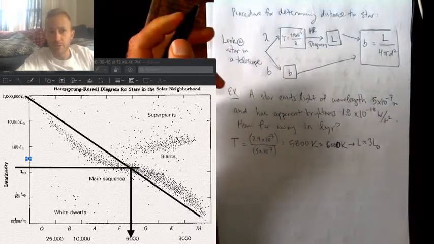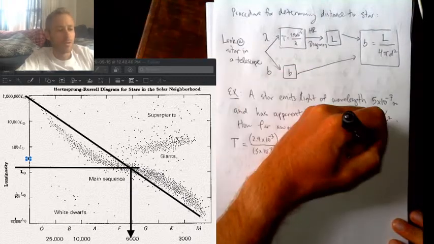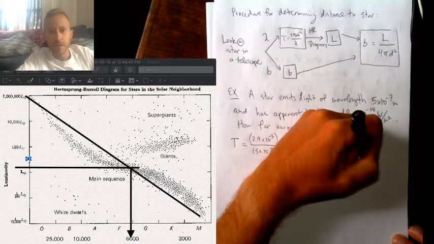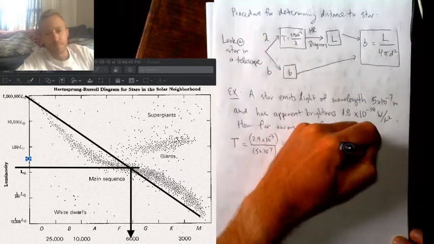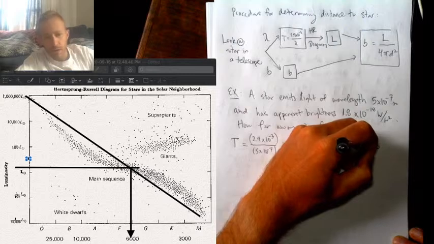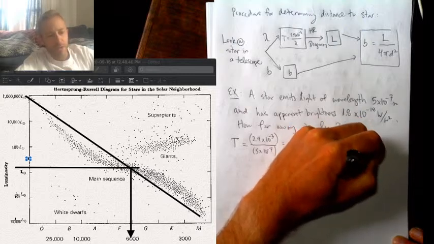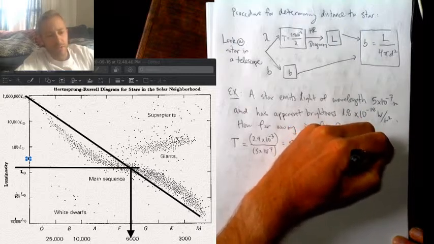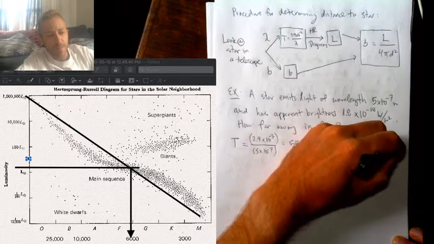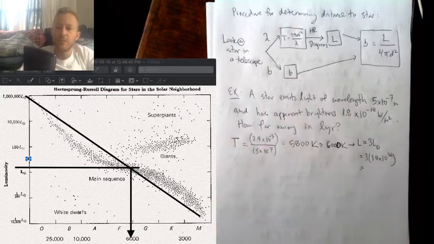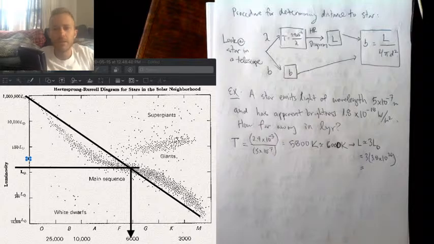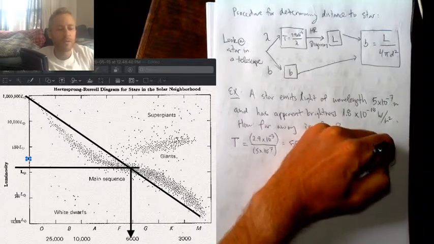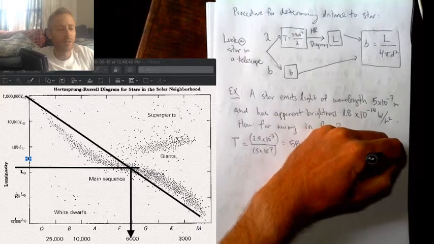So what would 3 solar luminosities be? Well, one solar luminosity is 3.8 times 10 to the 26 watts. So that tells me that the luminosity of this star is 1.1 times 10 to the 27th watts.